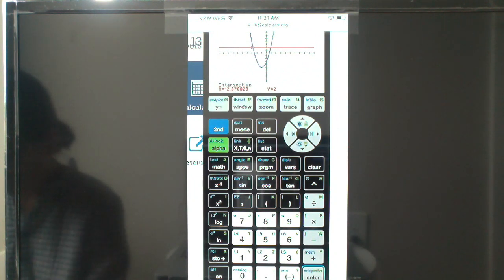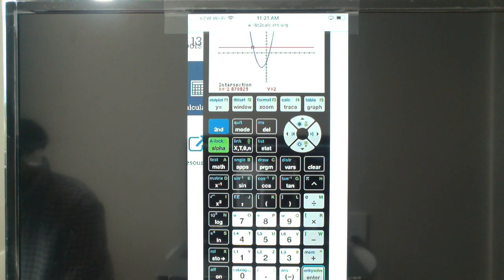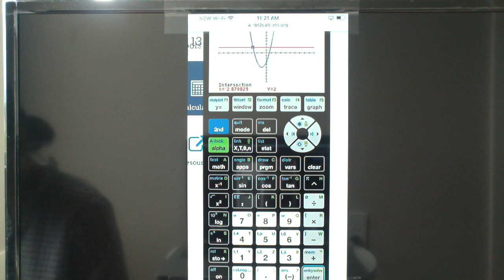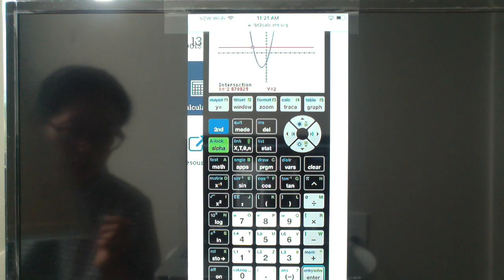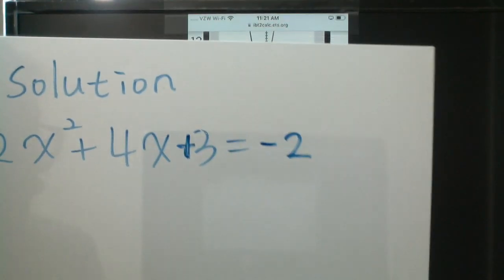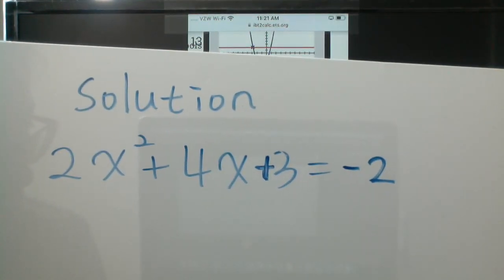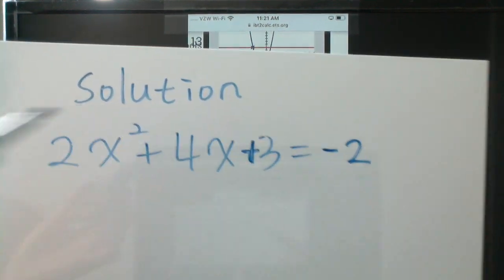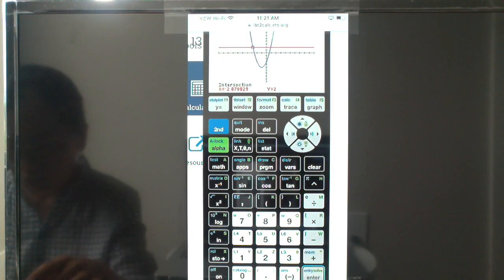But here I like to show you one thing. So can we change the question slightly and try it again? So here I change the question like this. I change the question right here and right here. And let me try again with the calculator.